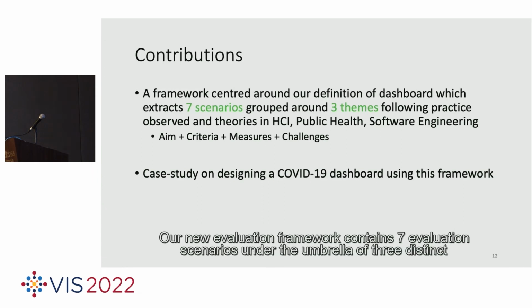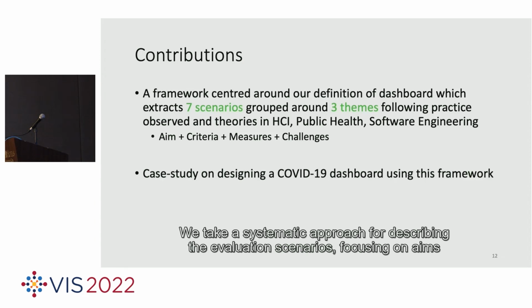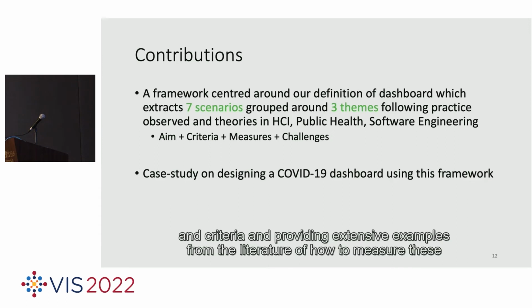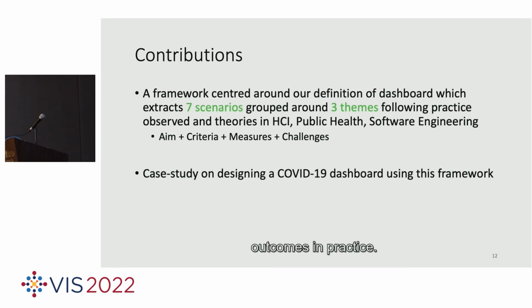Our new evaluation framework contains 7 evaluation scenarios under the umbrella of 3 distinct themes. We take a systematic approach for describing the evaluation scenarios, focusing on aims and criteria and providing extensive examples from the literature of how to measure these outcomes in practice.